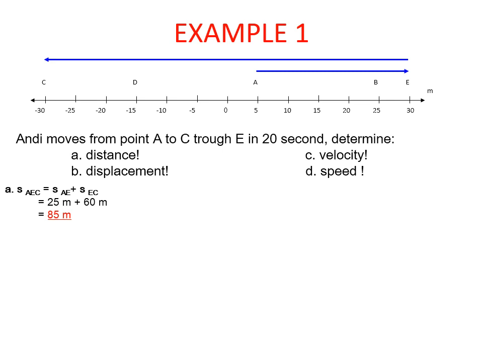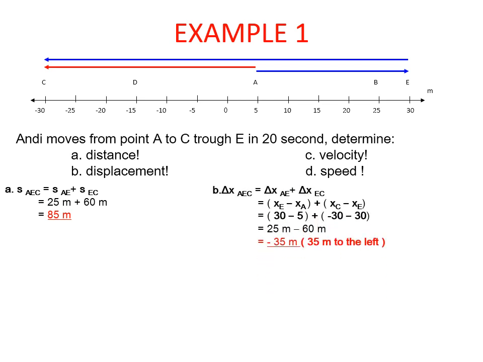And for question B, displacement is shown by the red arrow. This is suitable for the understanding of displacement, that the displacement just depends on the initial position at A and the final position at C. So delta x AEC equals delta x AE plus delta x EC.